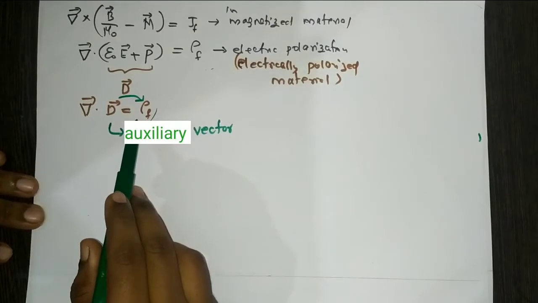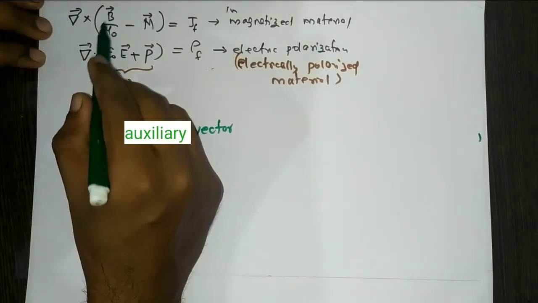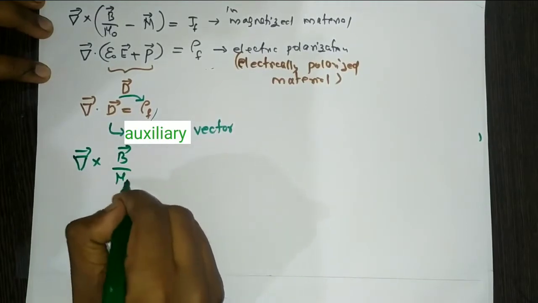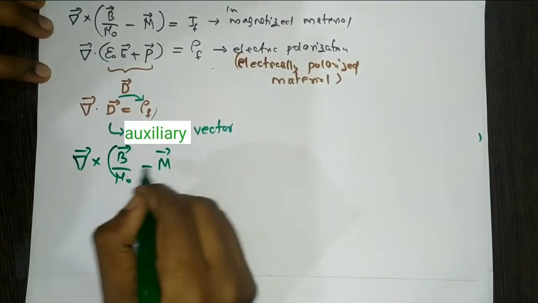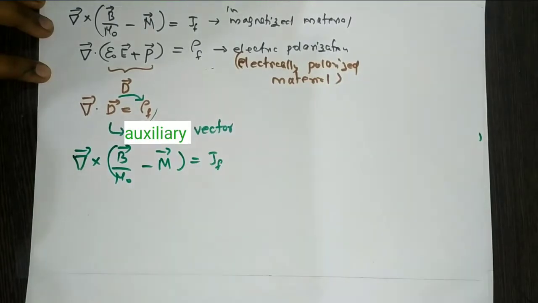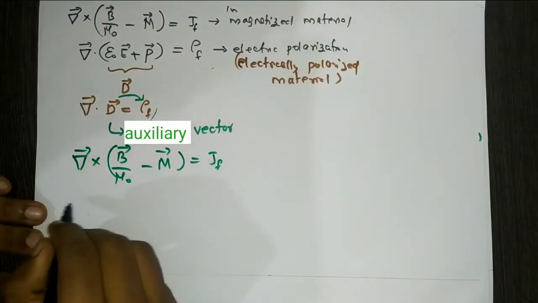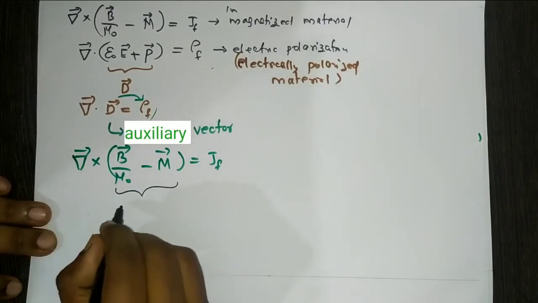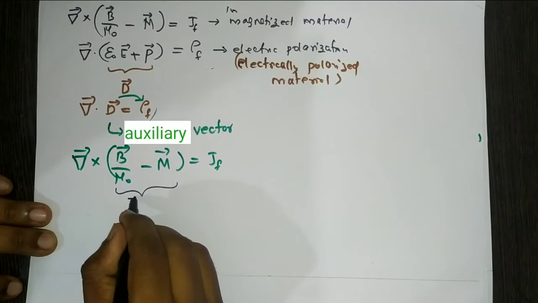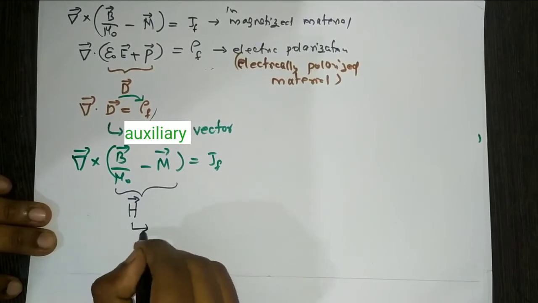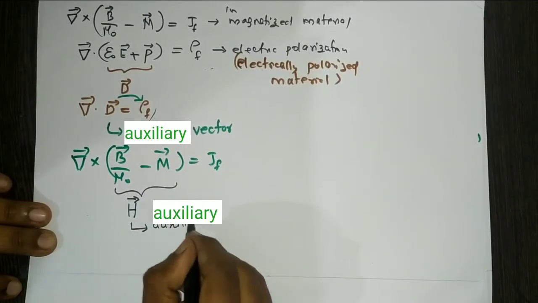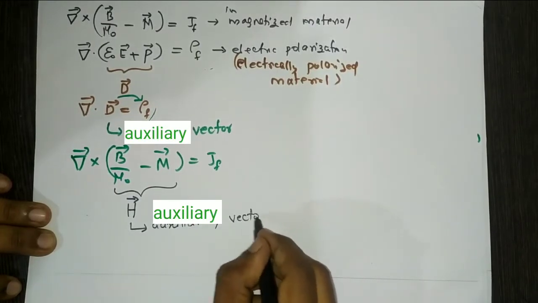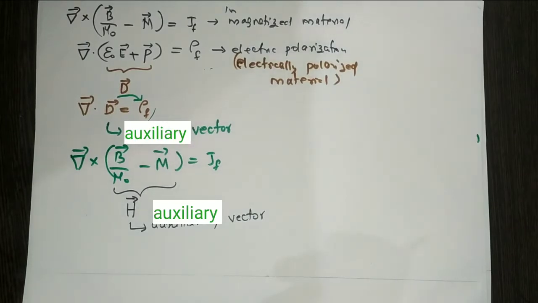In a similar way, if you look at this expression, del cross of B by mu 0 minus M equal to JF, this is another auxiliary vector. I will call this vector H. This H is called an auxiliary field or auxiliary vector field.